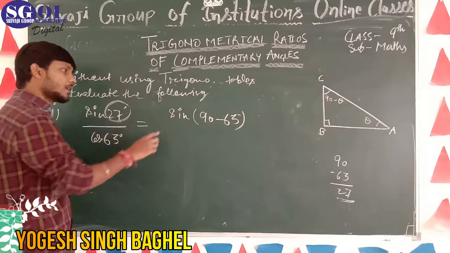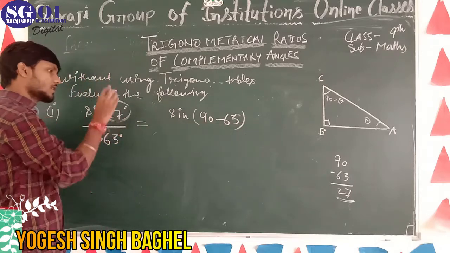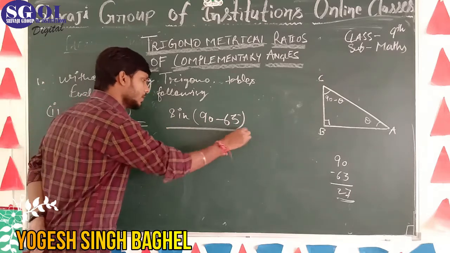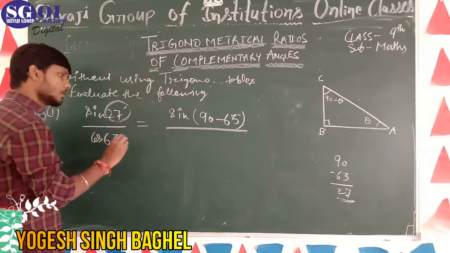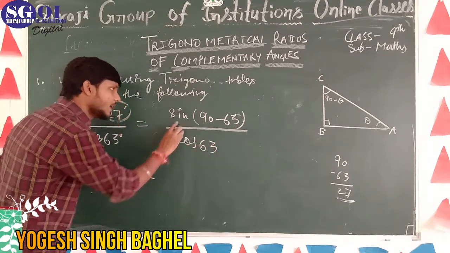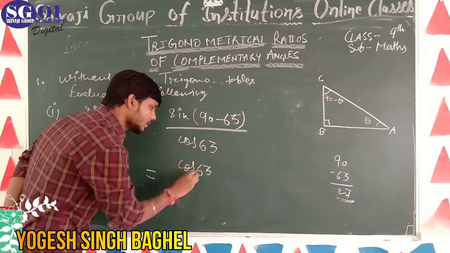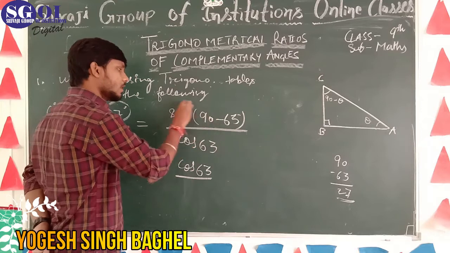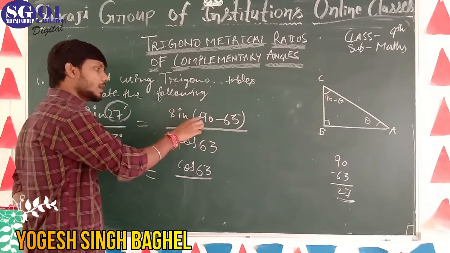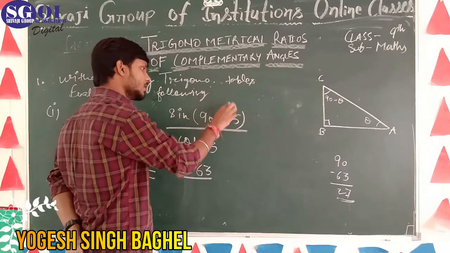So we can write sin 90 minus 63 in place of 27. Now sin 90 minus 63 upon cos 63. Now sin 90 minus theta is cos theta, it means cos 63 degree, because in this complementary angle 90 minus theta, theta is 63.